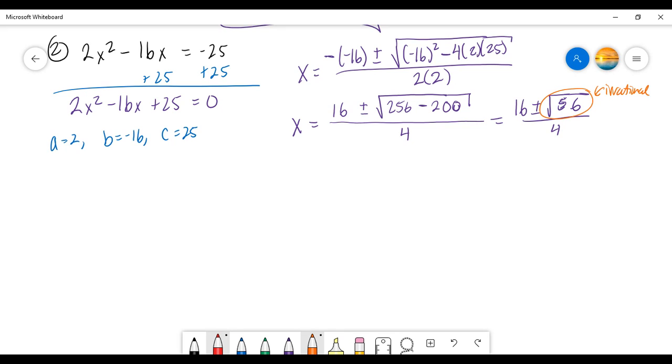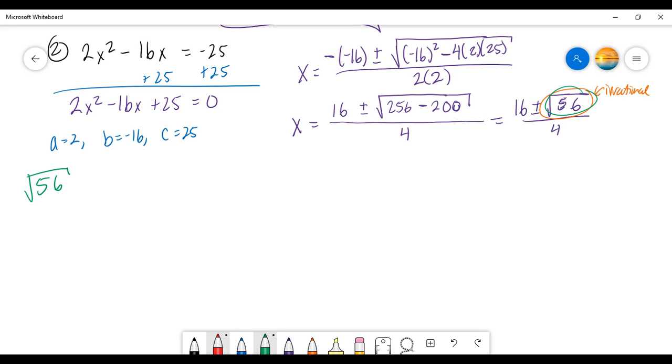So for the exact answer, we want to simplify that square root of 56. If we think back to the exponents unit, all the way back in January or maybe February, we had a radical like this, and we would want to simplify it by finding, is there a perfect square in 56?